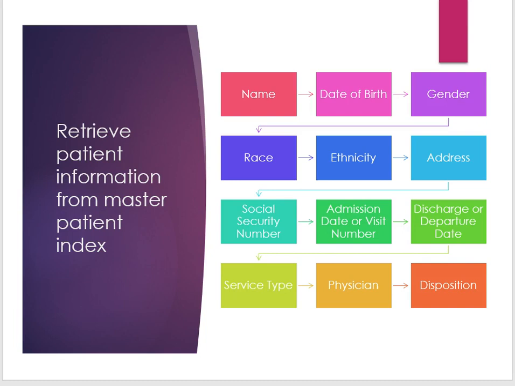As we've gone from a paper-based MPI to an electronic MPI, there are other items being collected, but commonly you're going to see the person's name, date of birth, gender, race, ethnicity, address, telephone number, social security number, the dates that they've been admitted or seen or discharged, and how they were discharged, like did they die or go to a nursing home or were they homeless?